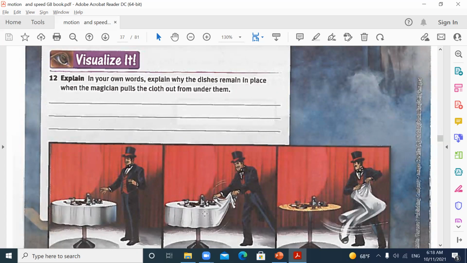Because there is no unbalanced force exerted on these dishes, they will remain in place.